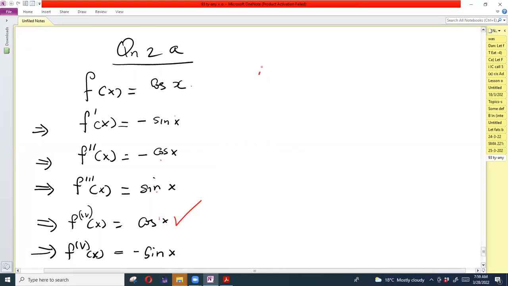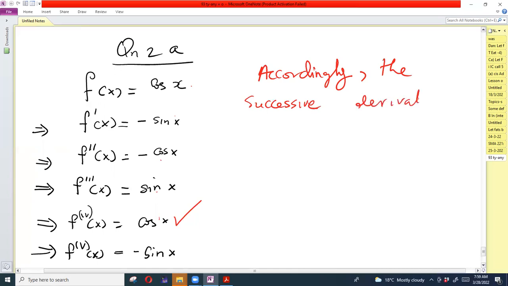So according to this differentiation, the successive derivatives of the function f of x cycle among, we start by negative sine x.